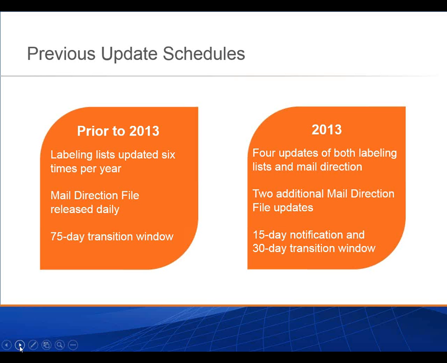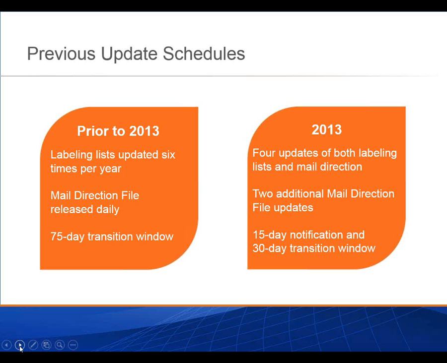So there was agreement to align the mail direction file where there would be 6 updates. 4 would align with the label list updates at the beginning of every quarter. And then there were also 2 additional updates through the year that were off cycle. That gave the Postal Service additional opportunity to update it.